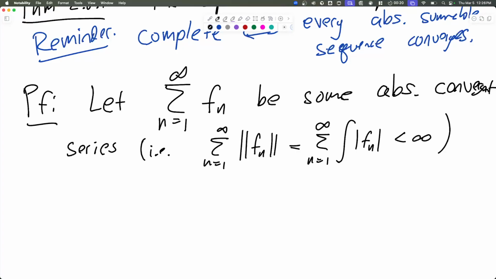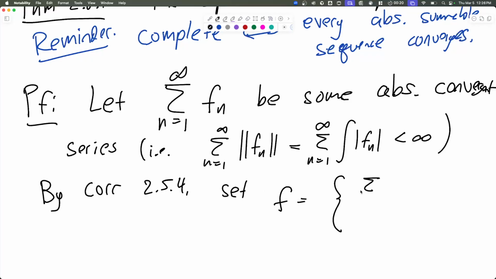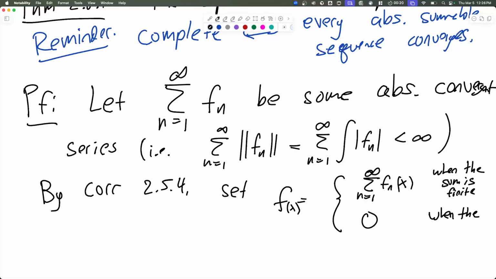Okay, there's another corollary we did. By corollary 2.5.4, we set f to be the infinite sum of the fn's when the sum of the absolute values is finite, and 0 when the sum of the absolute values is infinite.